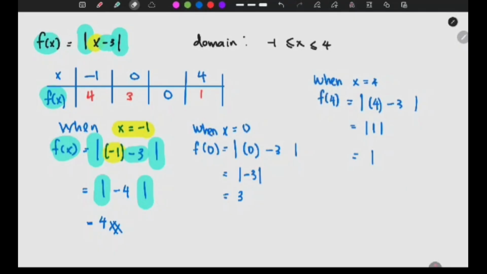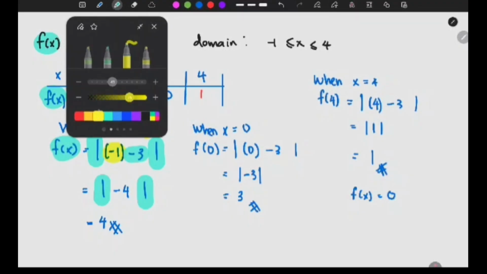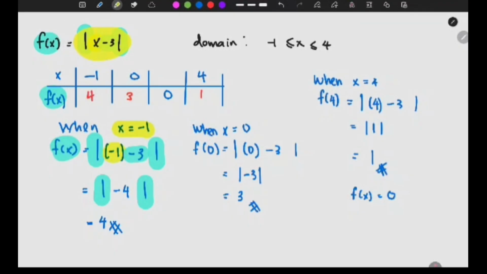Okay. Now let's go to this, guys. f(x) is equal to 0. Now what's your f(x)? This entire thing, right? So let's copy the entire thing, and this is equal to 0.